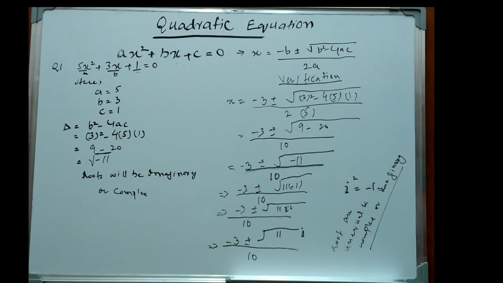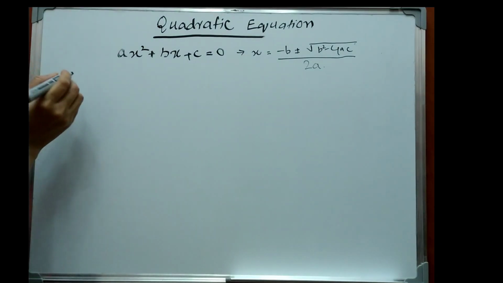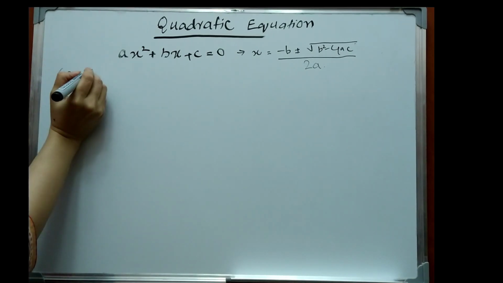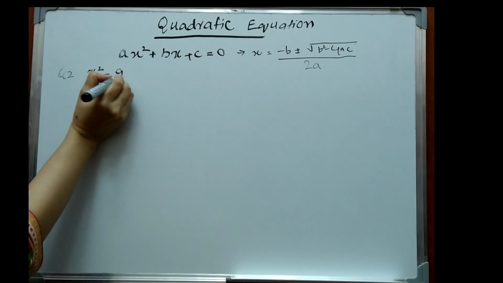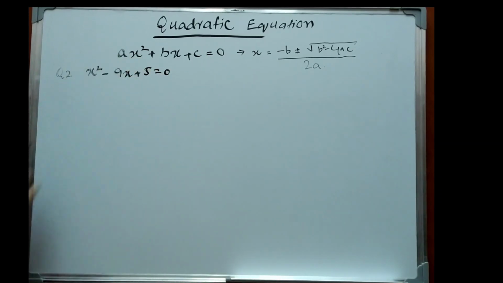Now student, we consider another example of a quadratic equation, which is x square minus 9x plus 5 equals 0.